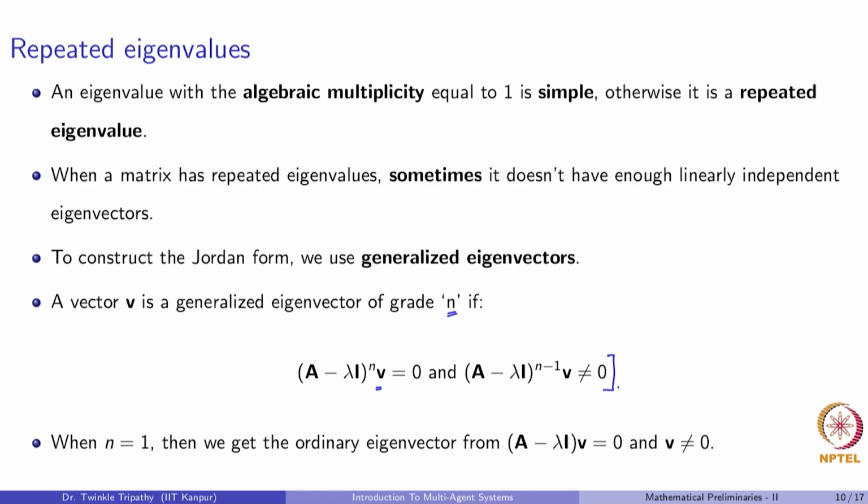These are the two properties which a generalized eigenvector of grade n must satisfy. Obviously, for the case when n equals 1, this just leads us to the ordinary eigenvector. So, please note that any eigenvector calculated using this formula is simply referred to as an ordinary eigenvector.